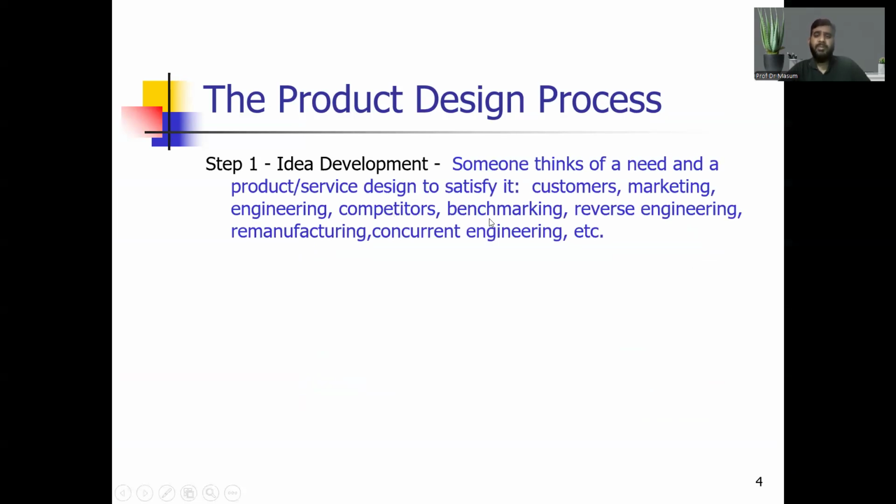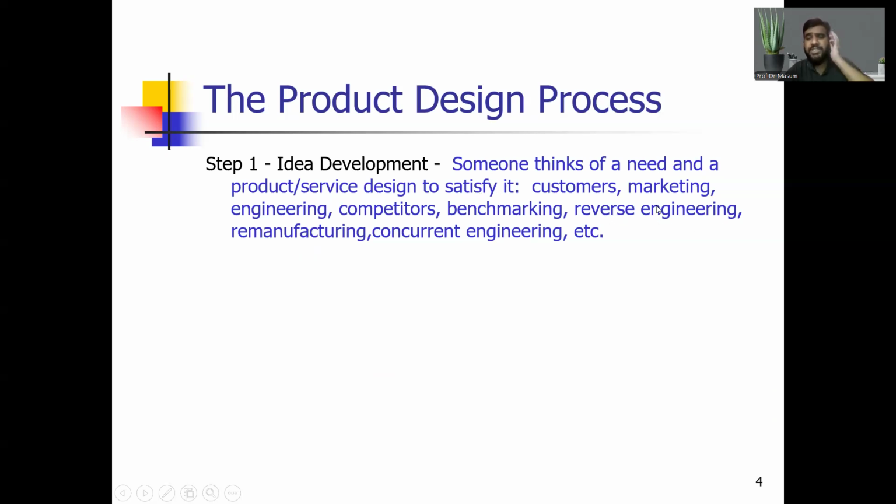When you are developing your idea, you have to think about the competitors. You can benchmark. Benchmark means that you manufacture a product that is manufactured by other companies and there is a demand for that product. So you will follow another company. That is benchmarking. And then the idea may come from reverse engineering.